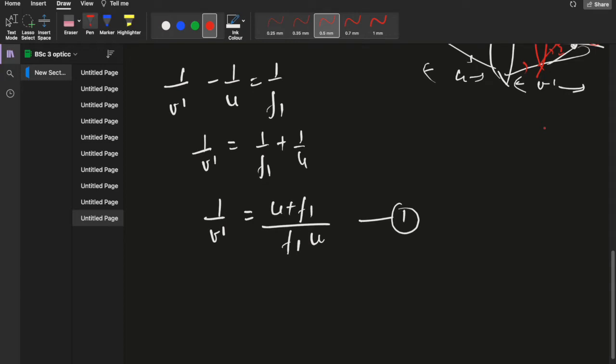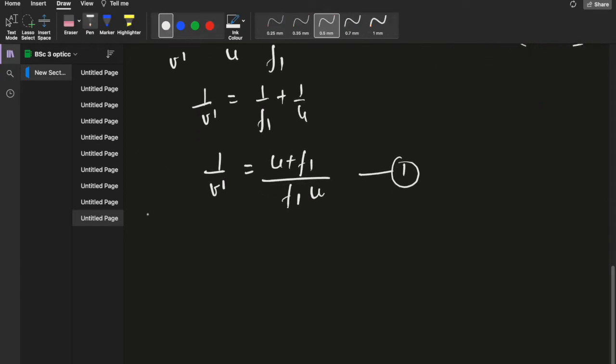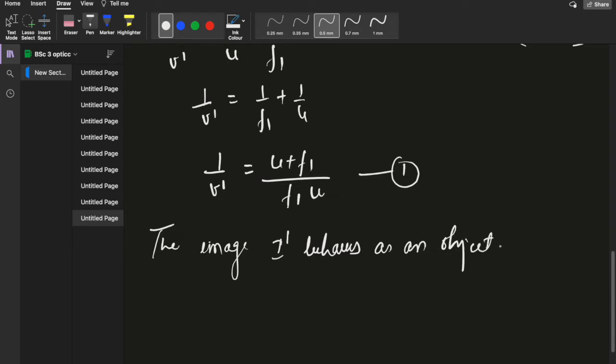Say the image I dash, which was the original image for lens 1, the first lens, behaves as a virtual object for the second lens.